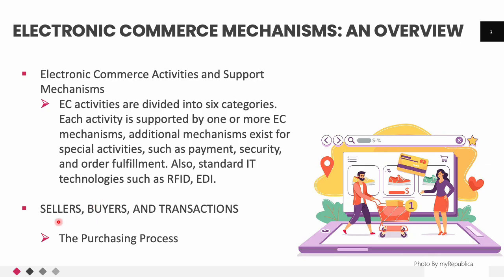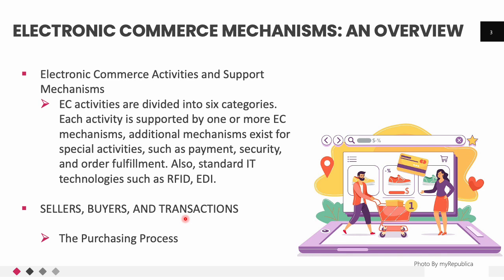And then for the sellers, for the buyers, and for the transaction, these sections will focus on the people involved. People involved here means the sellers and the buyers and how they interact in the online transactions. And if we're talking about the sellers, the buyers, and the transactions, we are talking about how the purchasing process happens.